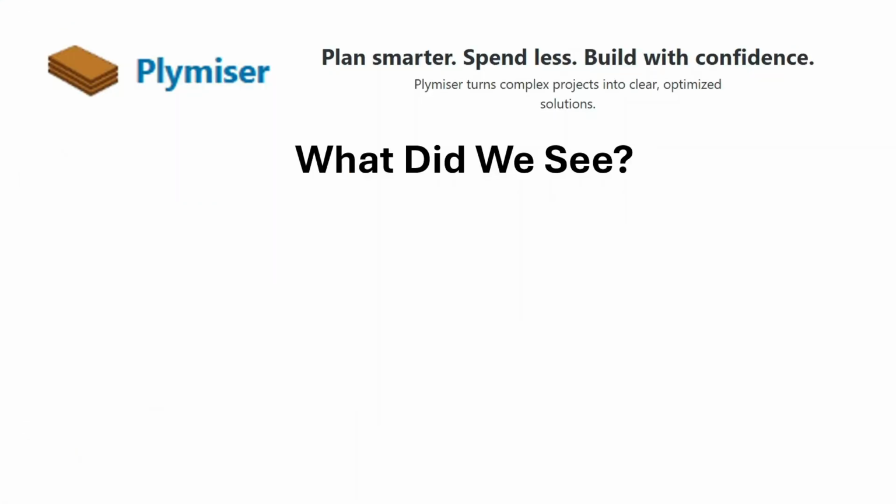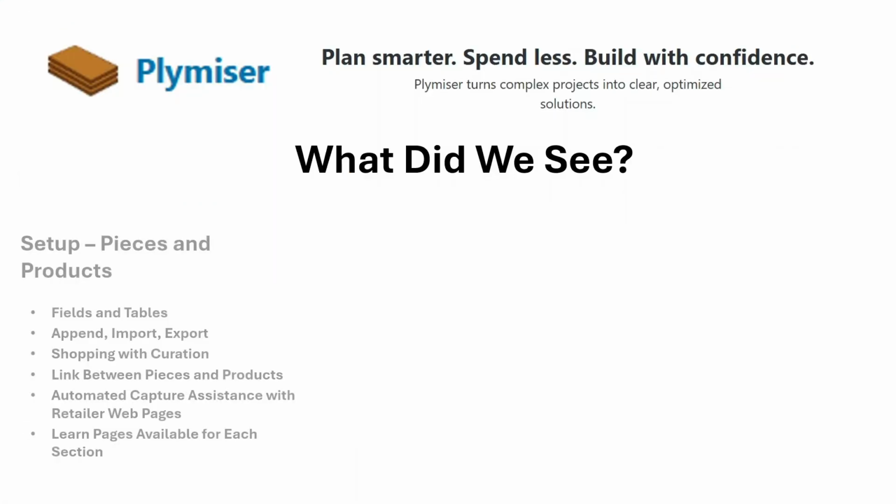So, what did we see? So far, what we saw is how you make PlyMiser aware of all the pieces in your model through the pieces section. We saw how you can use PlyMiser's curation capability to rapidly select products and include them in your project. We saw how you can update products in your model directly from the web pages of retailers.